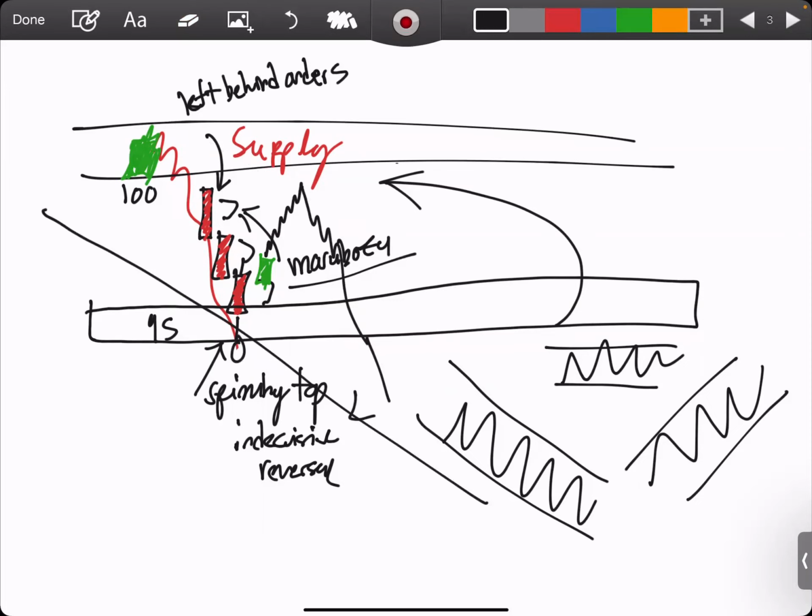Okay, and what we can do is take this knowledge and say, okay, if I know there's an inefficiency left behind at $100 or at this Marubozu candlestick at some key level of supply, let's call this 4-hour supply.